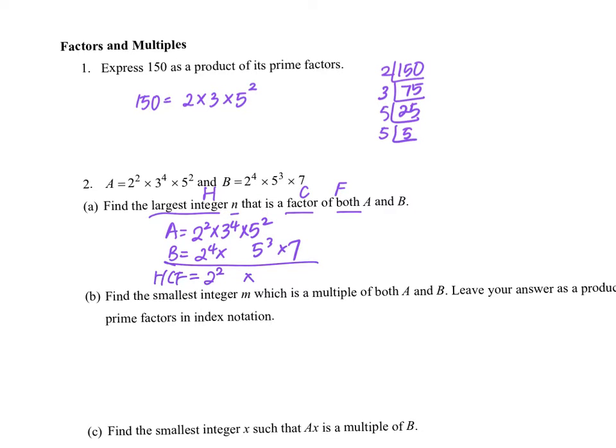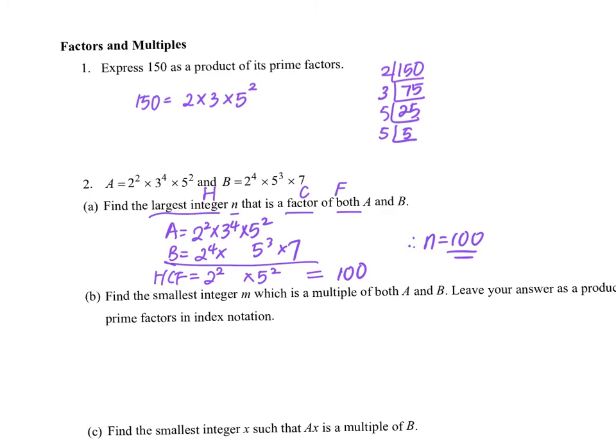Choose which one? 5 squared. But did they say leave it as a product of its prime factors? So need to key out this number. 2 squared times 5 squared, 100. So this integer n is 100.